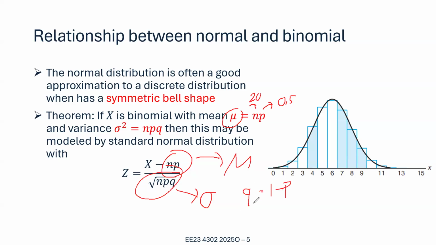We get the standard normal distribution, the approximation between the normal and binomial distributions.